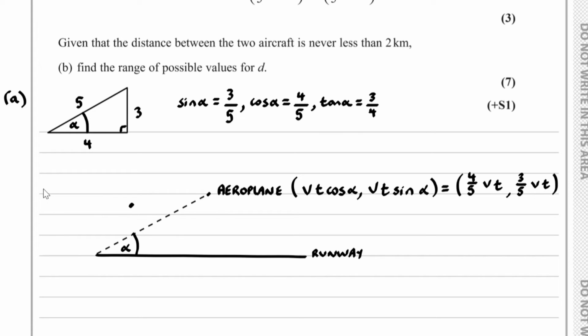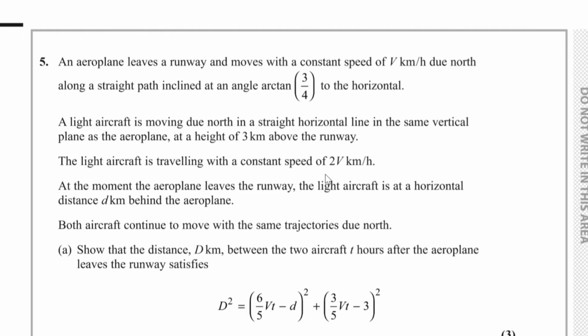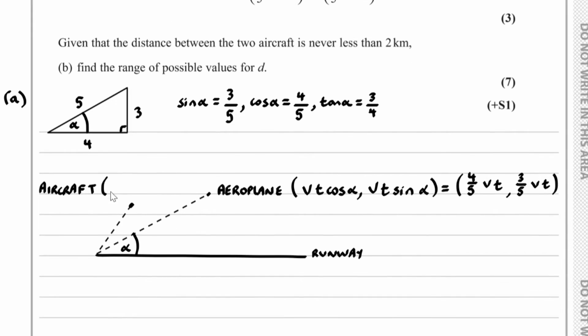We've got the aircraft at this point here, and the coordinates of this point, well, the distance it's travelled, we've got the speed 2v, and if I multiply that by the time, we've got 2vt, but then we subtract d because it's d behind the aeroplane horizontally.